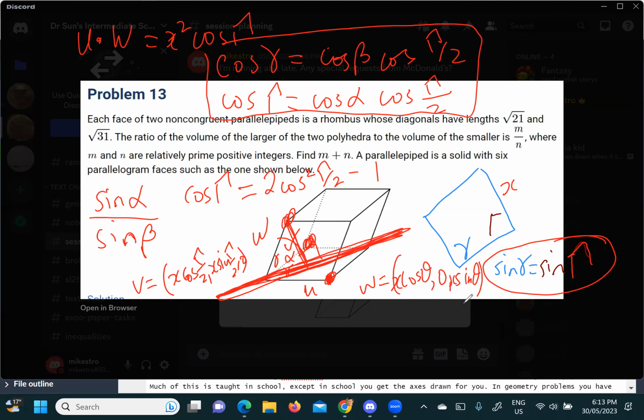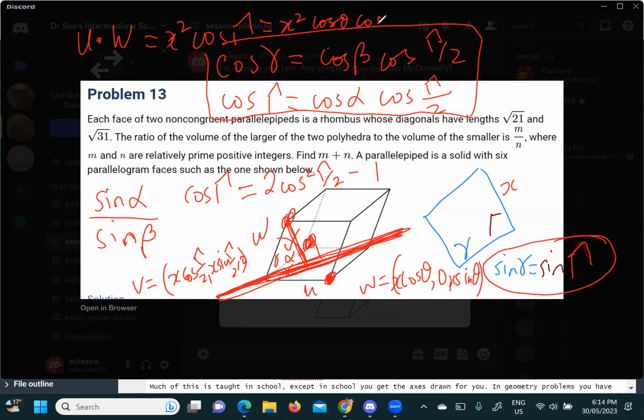It makes an angle of theta, so it is x sine theta up and x cos theta across. When you dot them together, you get x squared cos theta cos gamma on 2.